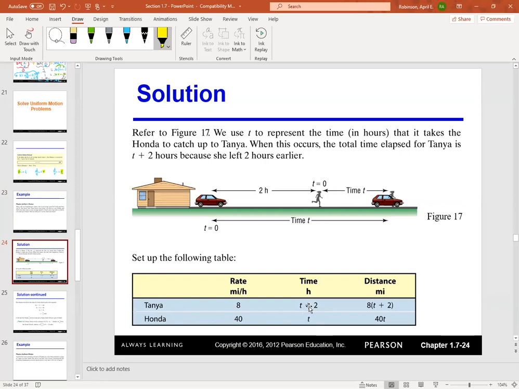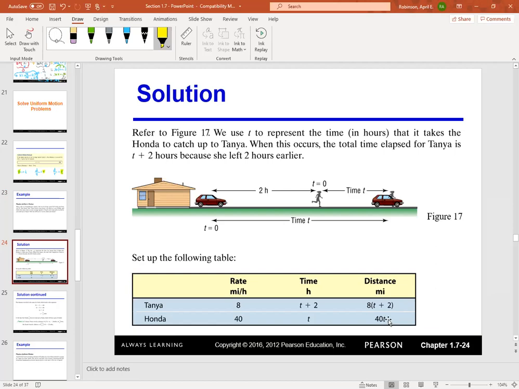Tanya's time would be the same time as the Honda plus the 2 hours that she had already been running. So her distance is 8 miles per hour times t plus 2. And the Honda's distance is 40 miles per hour times t hours.